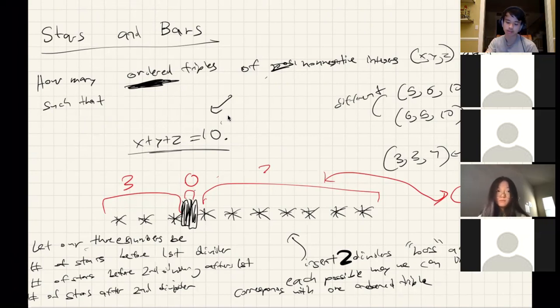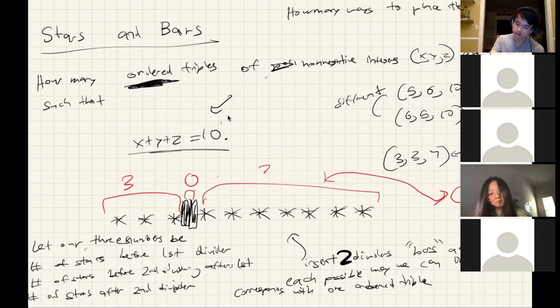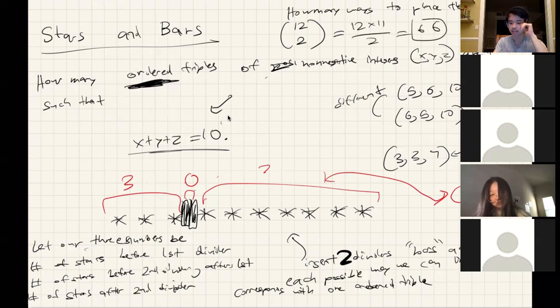So the question becomes, how many ways to place the bars? In this case, it becomes the number of ways to choose 2 objects, 2 bars, out of 12 total places in which the 2 bars can be. So our final answer turns out to be 12 times 11 over 2, which comes out to be 66.